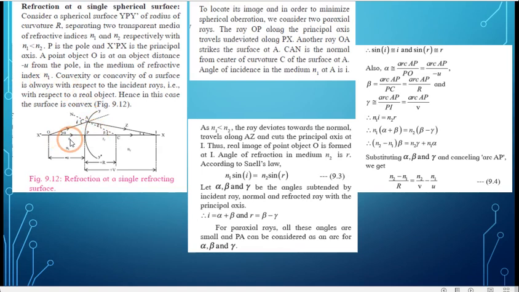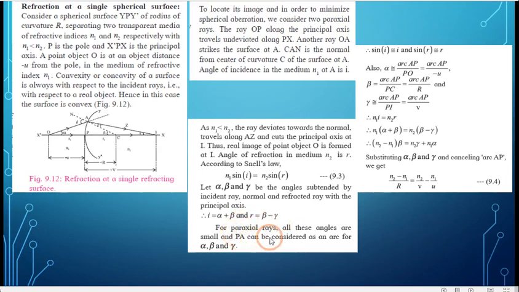Alpha and beta are in this triangle and I is the exterior angle for it. So I can write alpha plus beta is equal to I. Correct? Right. And for the second one, look here: gamma and R, and beta is exterior for them. So we can write R plus gamma is equal to beta. So according to that, R will be beta minus gamma.